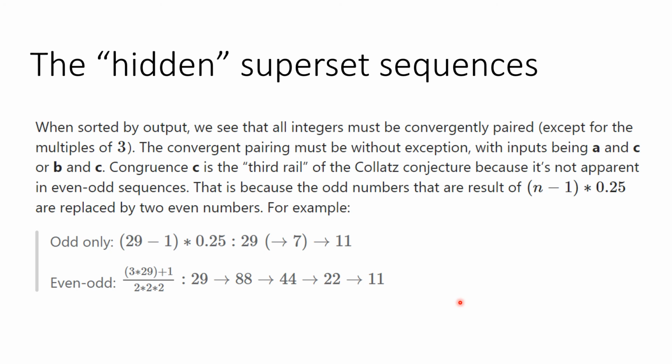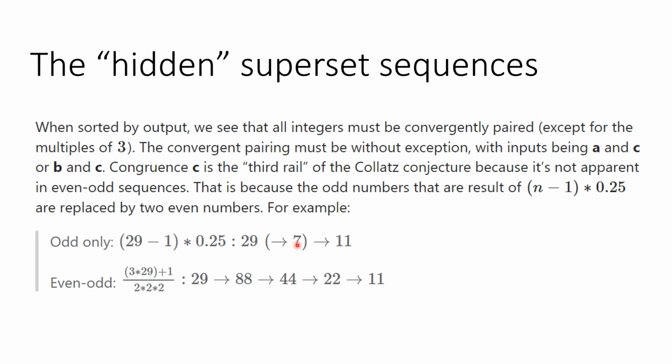And that is because the odd numbers that are the result of n-1 times a quarter are replaced by two even numbers. So this is really important. If we look at this odd-only sequence beginning with 29, we calculate it as 29 minus 1 times 0.25, and that gives us 7.